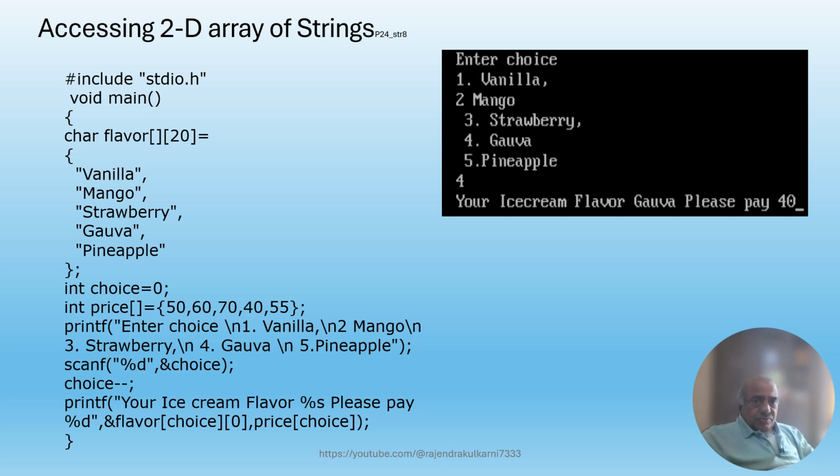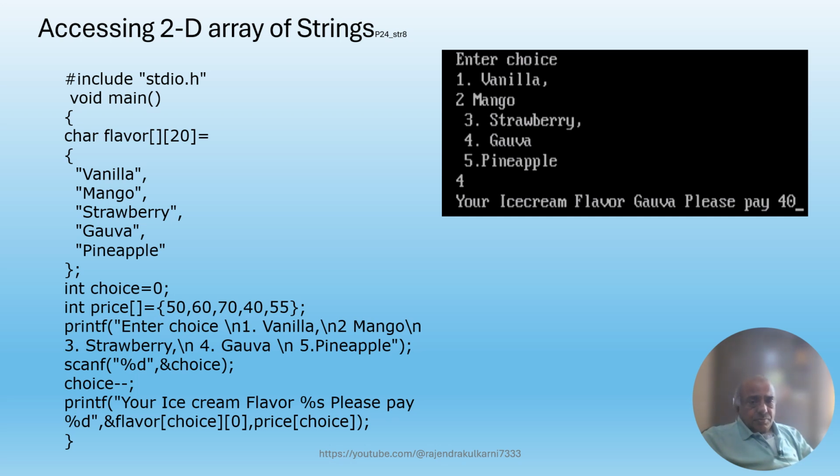We have given 5 choices, 1, 2, 3, 4, 5. I entered 4 as my choice, which is guava, and this choice number 4 has been displayed by this printf statement. Your ice cream flavor is guava, please pay 40.